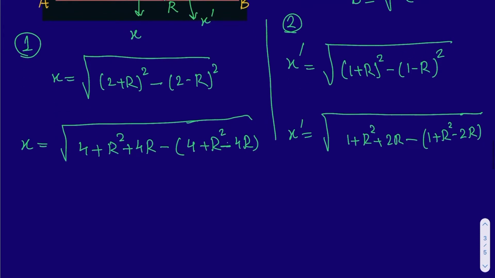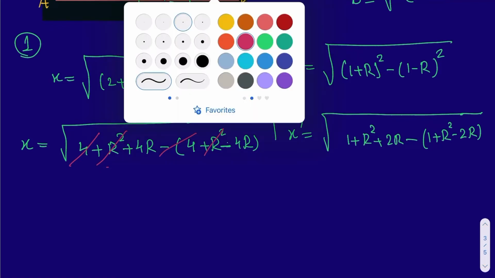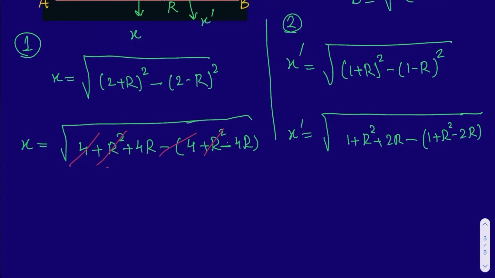Now I will simplify. The 4 will cancel out with this, and then r squared with this r squared, and then minus minus 4r will be positive 8r.